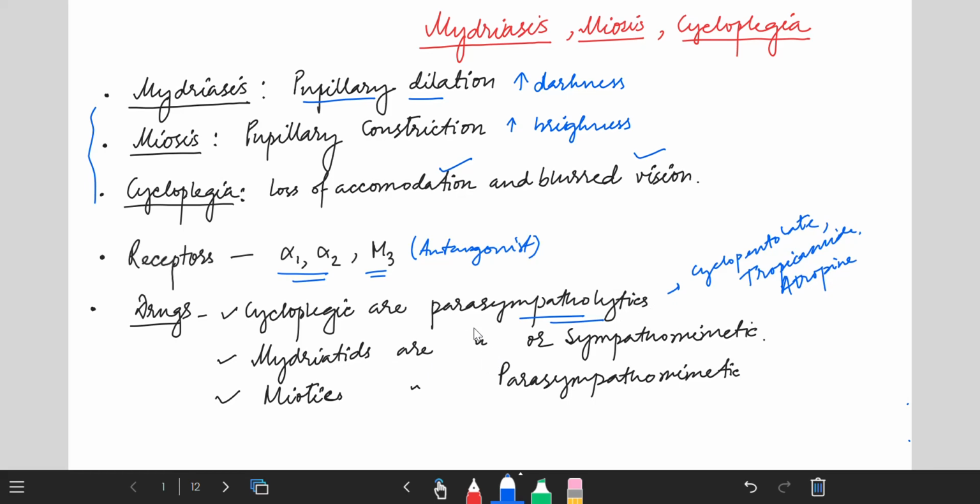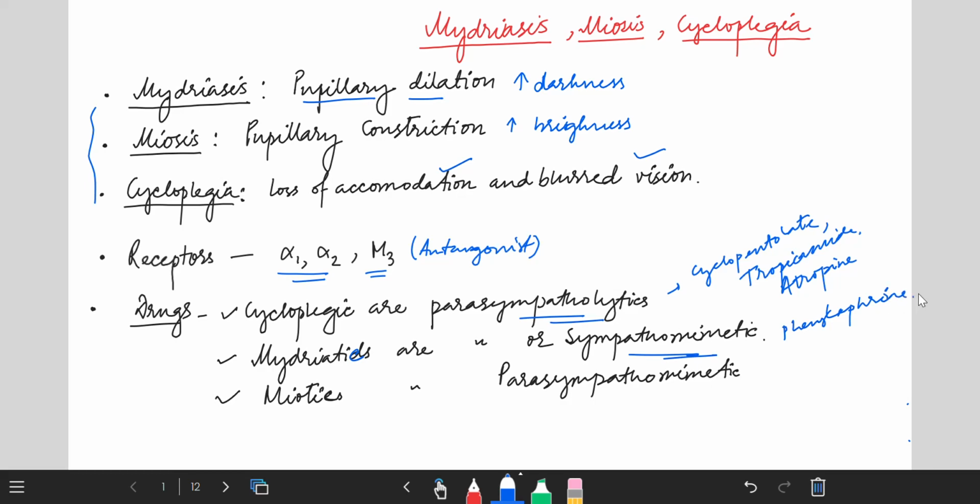And for mydriatics, sympathomimetics are also used, meaning alpha 1, alpha 2 receptor agonists. It shows the direct action. This kind of sympathomimetic is phenylephrine.